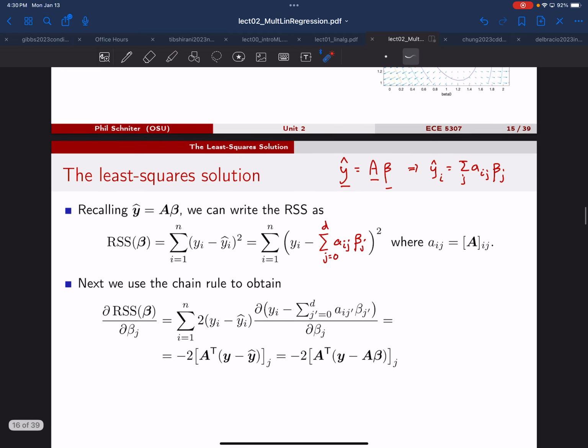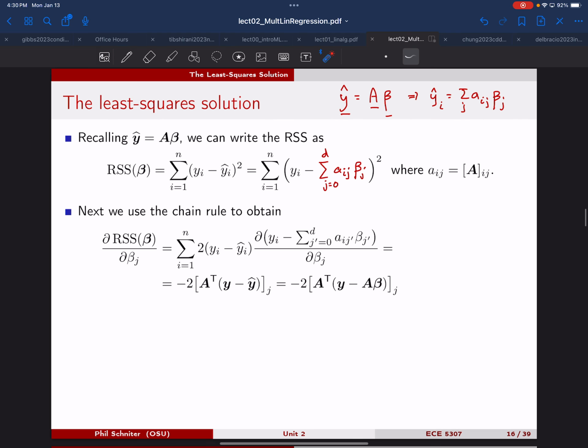Okay. So here we are. We want to do this partial derivative. So one of the important things to remember about differentiation is that it's a linear operation, which means if you want to differentiate a sum like this, the derivative can be moved through the sum.